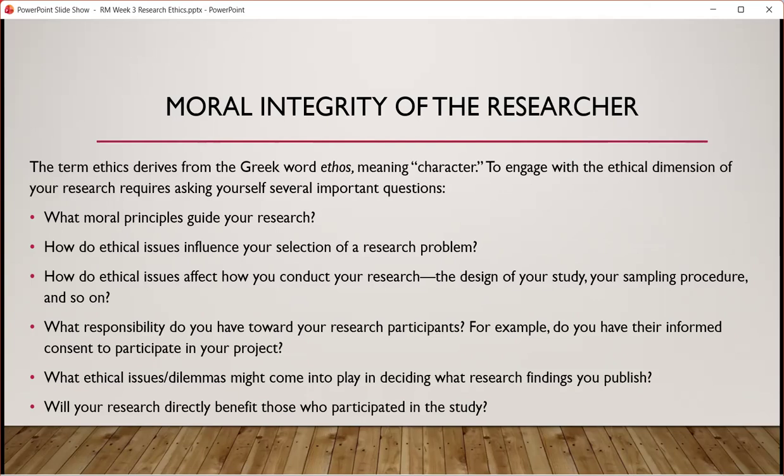For example, do they need an informed consent to participate in your project? Spoiler alert, yes, they do in this program and for this class and senior project. What ethical dilemmas or issues might come into play in deciding what research findings you publish? Will your research directly benefit those who participated in the study?